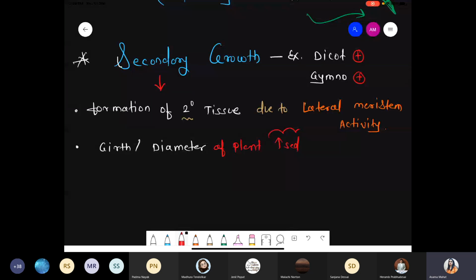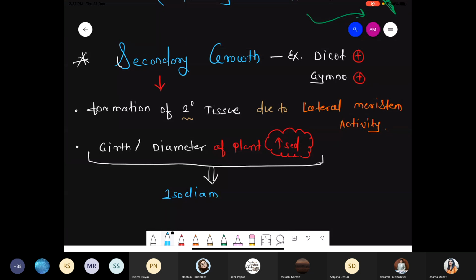We are not talking about length increase, not about elongation, we are talking about the girth or diameter of that plant getting increased. When the diameter or girth of the plant increases, such a growth pattern is simply called isodiametric growth.